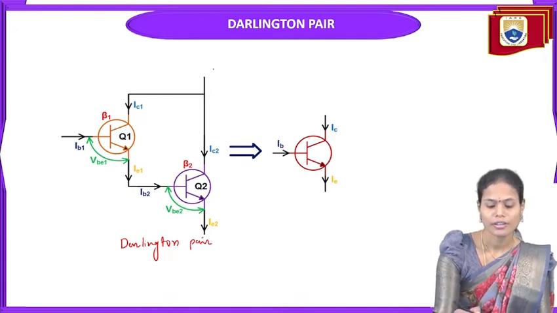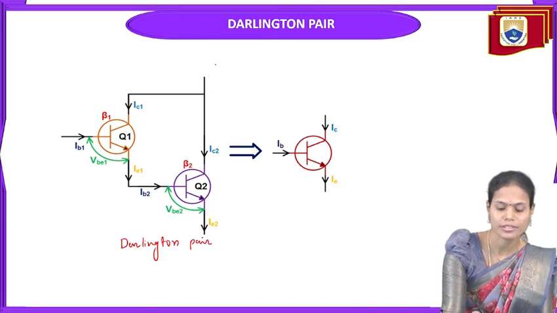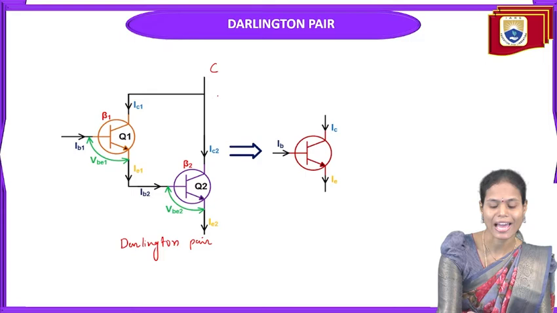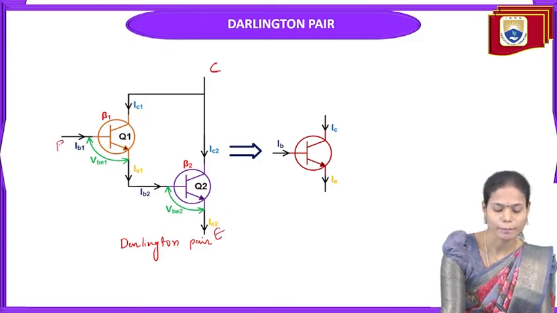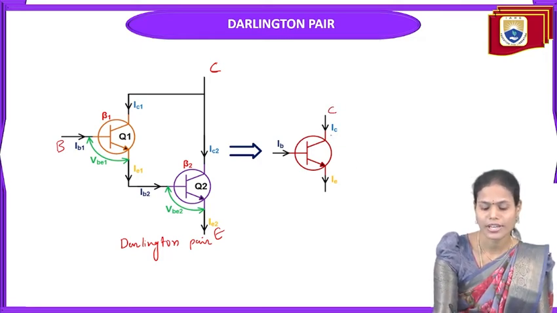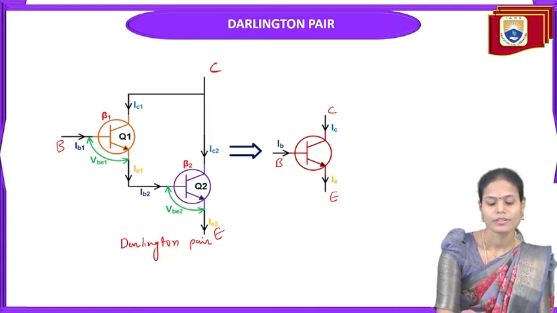So this one we can represent as a single transistor. Why? Because this combination of two transistors also has only three terminals: collector, emitter and base. So equivalently we can replace it with a single transistor with collector, base and emitter terminals.